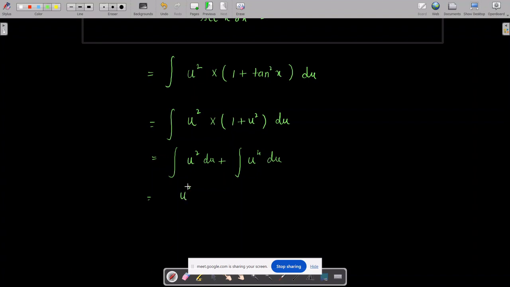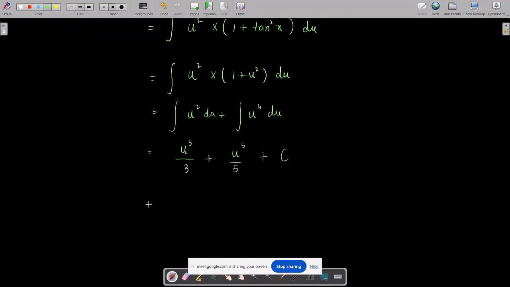And then you resubstitute u back with tan x. So what was u? Tan x. So this becomes tangent cubed x over 3 plus tangent to the fifth x over 5 plus c.